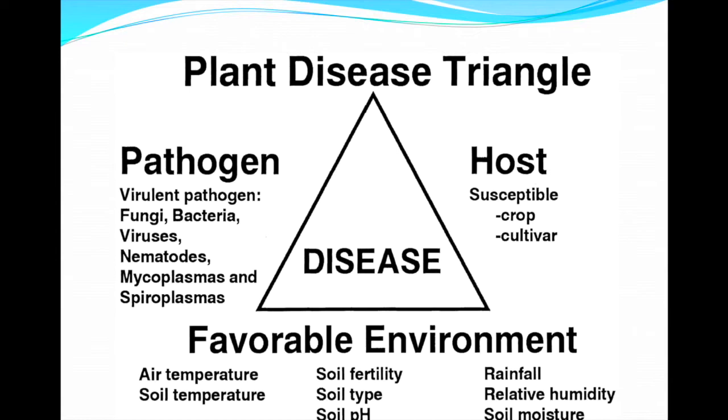You've got to have a favorable environment for that pathogen to survive, find its way into the host, and make that host sick, basically. So favorable environments: air temperature, soil fertility, soil type, soil pH, rainfall, humidity, soil moisture, so many different abiotic factors that can come into play here. The pathogen. You have to have a pathogen capable of causing disease in that specific susceptible host.